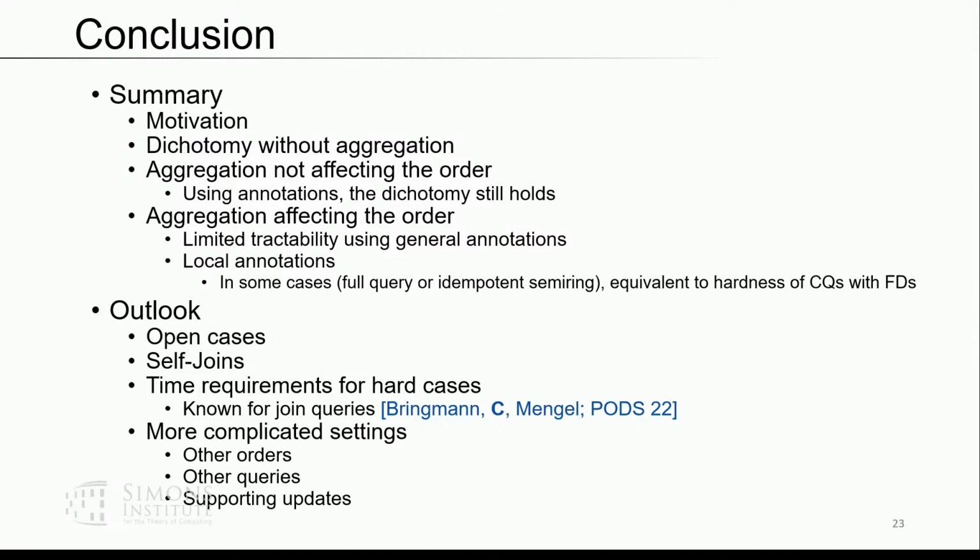If our queries are only join queries, and so without projections and without aggregations, then we know exactly what happens for lexicographic orders. If we want to achieve logarithmic access time, we know exactly what the preprocessing time we need is, and we have a conditional lower bound that tells us that we can't do it with less time. But already if we introduce projections, we don't know. We know that there are things that are more efficient than the trivial thing you would try to do, like using a decomposition and so on.